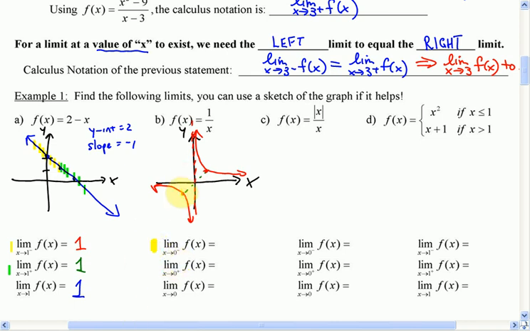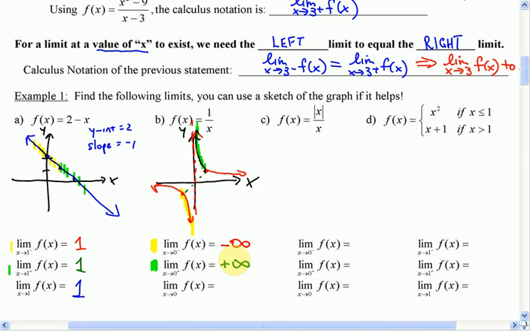So from 0 from the left, I'm going this way, and it's going down, down, down towards -infinity. Well, if I ask you to find the limit as x approaches 0 from the right, yep, it goes up, up, up to positive infinity. So in this case, what would be the limit at 0?